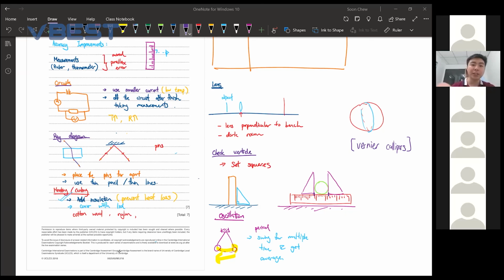Micrometer screw gauge can also, both are accepted. But then micrometer screw gauge will actually be even smaller. Vernier calipers can measure something larger than micrometer screw gauge can. Yeah, these two can still help you measure diameter.